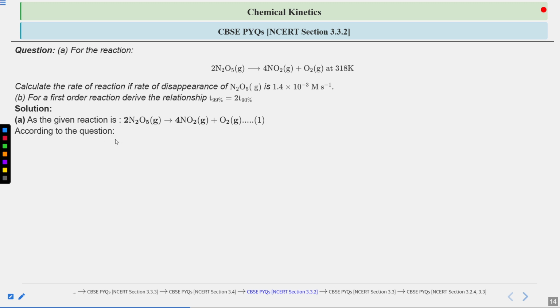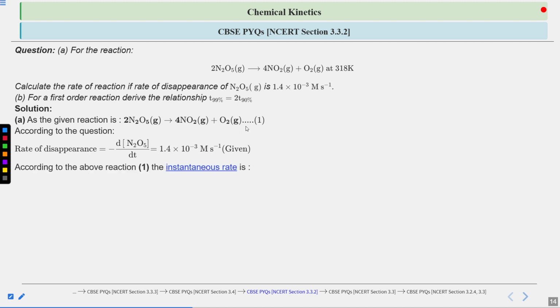According to our question, the rate of disappearance is already given, which is minus d of N2O5 divided by dt. So the rate of disappearance is 1.4 times 10 to the power minus 3 molar per second, and this magnitude is equal to minus d of N2O5 by dt, that is, the rate of disappearance of the reactant.